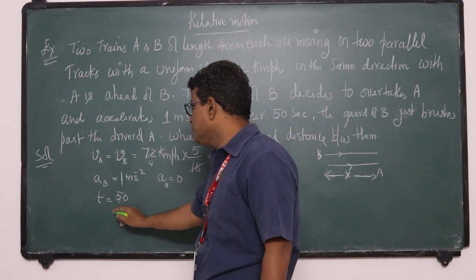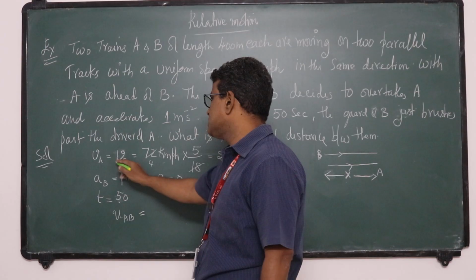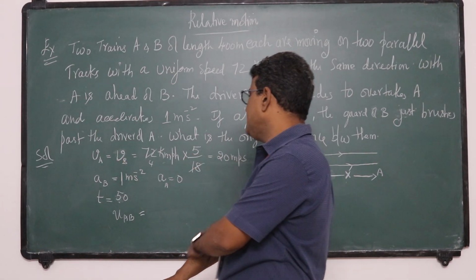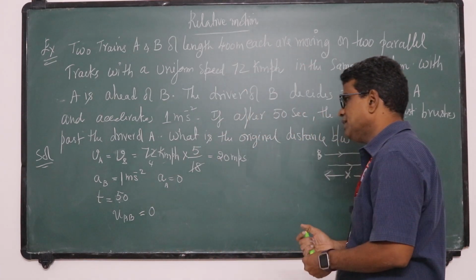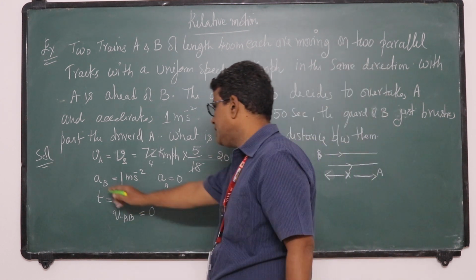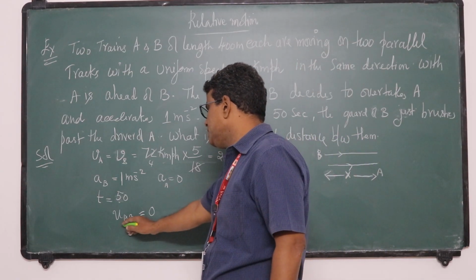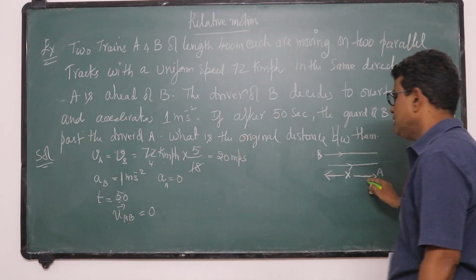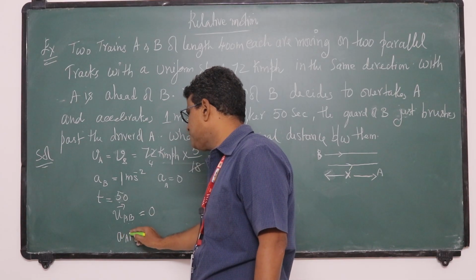What is u, the initial relative velocity of A with respect to B? Since both are moving with the same speed, the relative velocity is 0. B starts accelerating, but initially the relative velocity is 0 because they are moving in the same direction with the same speeds. Now what is the acceleration of A with respect to B?